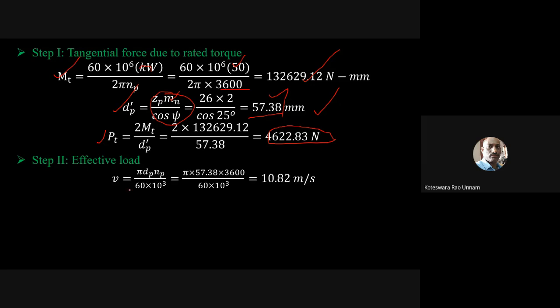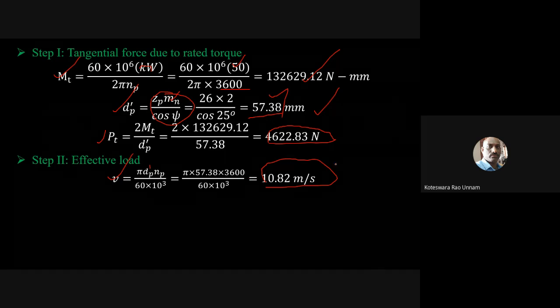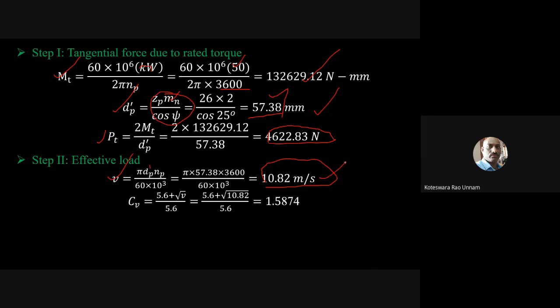So to compute CV, that is velocity factor, you require V. V is nothing but pi dp dash np divided by 60 into 10 power 3. So I know everything in this. I can calculate the pitch line velocity v, which is 10.82 meter per second.